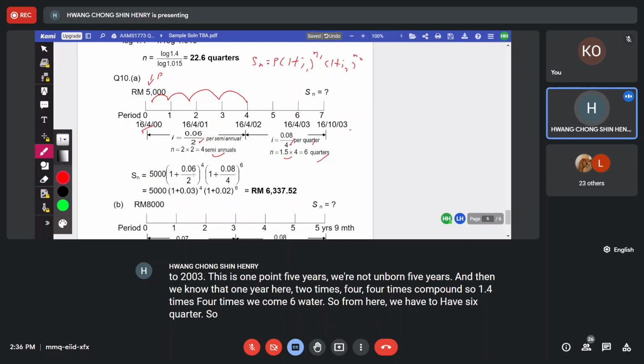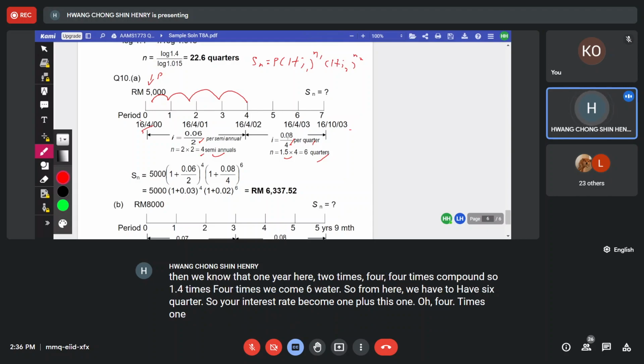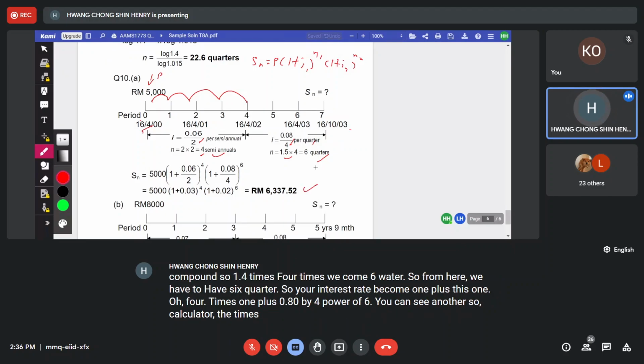So your amount becomes (1 plus 0.06 divided by 2) to the power of 4, times (1 plus 0.08 divided by 4) to the power of 6. Can you see or not? So on the calculator, this is the money you get after October 2003.